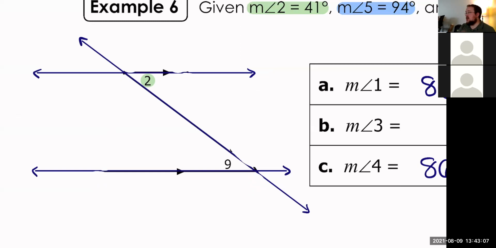Angles 2 and 9 are alternate interior angles, because they're on opposite sides of this transversal. And alternate interior angles are always congruent as well.